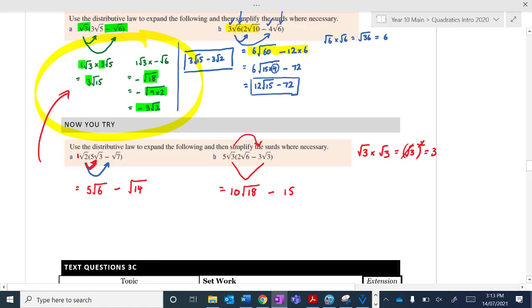That's right. It's 3. 15 times 3 is 45. So we're not done yet. 9 twos are 18, and that's 45. So our answer is 30 root 2 minus 45. Okay?